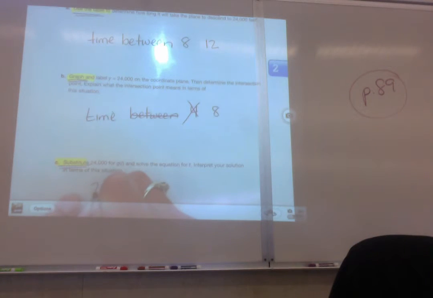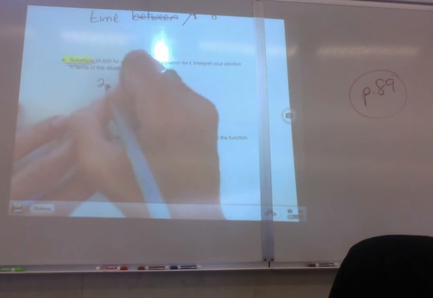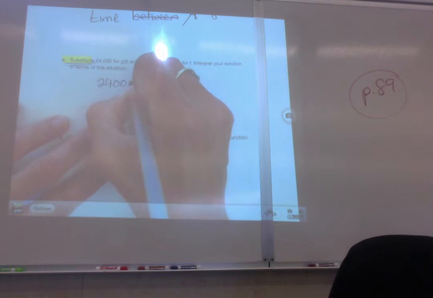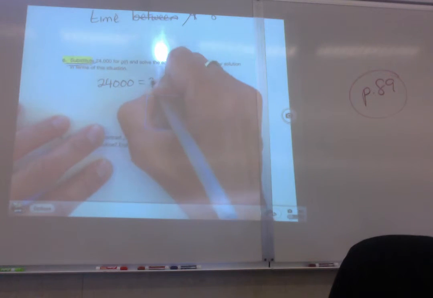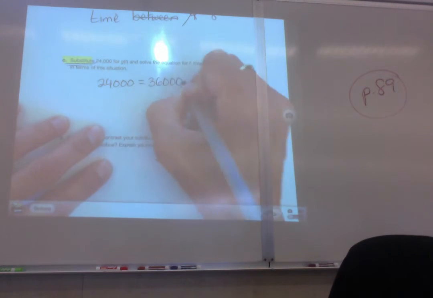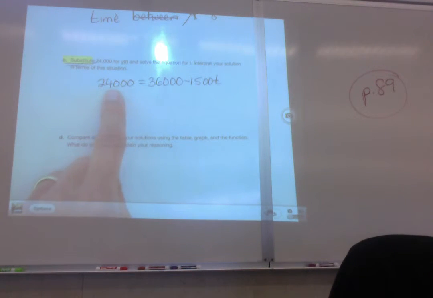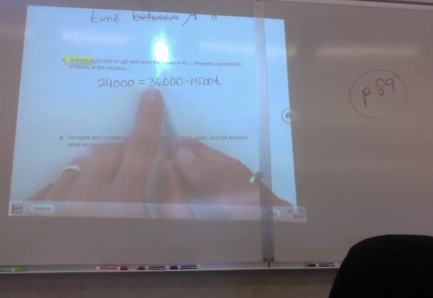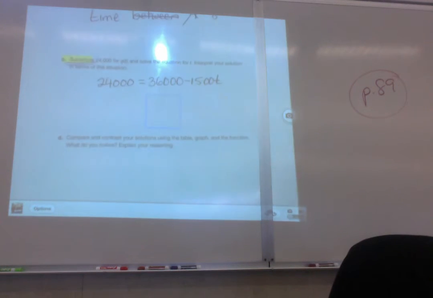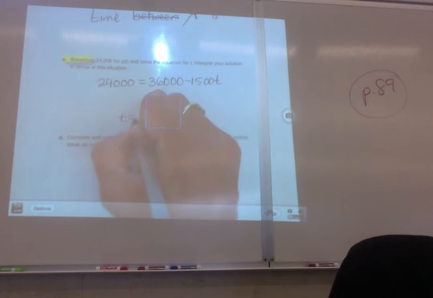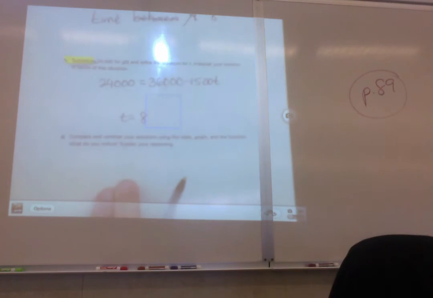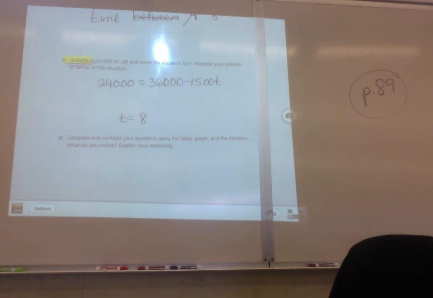Substitute and let's see if we get the same thing. You got 8 also, but here's what it'll look like written down. The 24,000 gets put over on the function side, and we've been using this same function over and over. We're going to have to subtract this and then divide to get t by itself. Did we get 8? Yes. Compare your solutions.